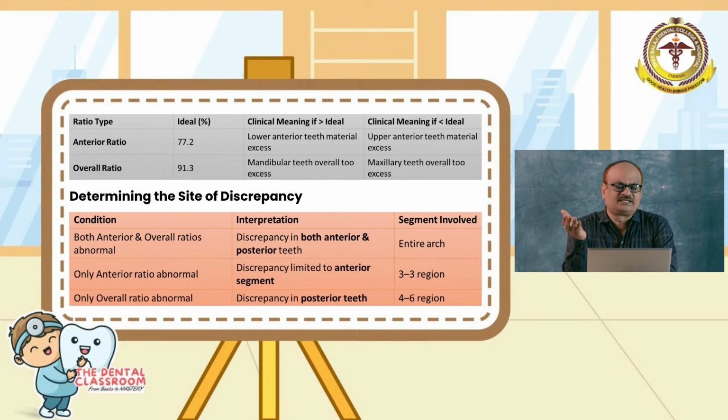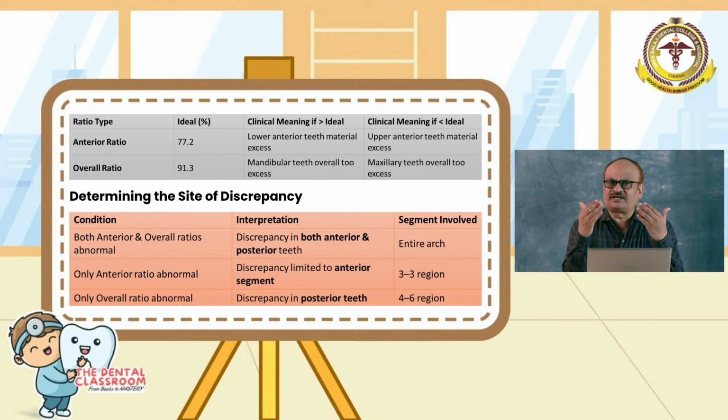So what happens if anterior tooth ratio is more or less? If greater than ideal, can you see here the numerator is mandibular arch and denominator is the maxillary arch. If the denominator increases, the ratio decreases, the value of the ratio decreases.